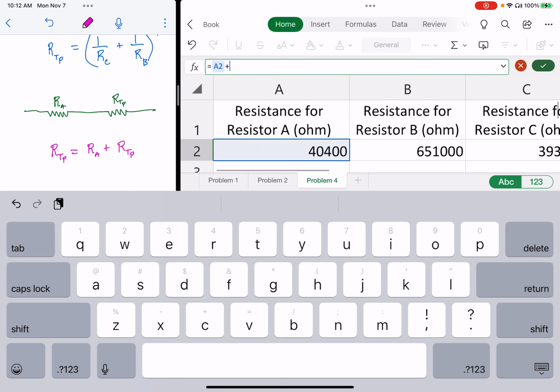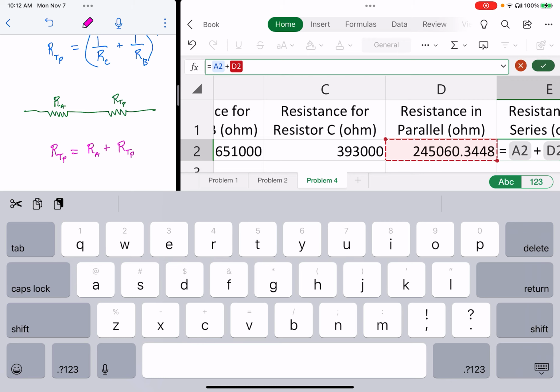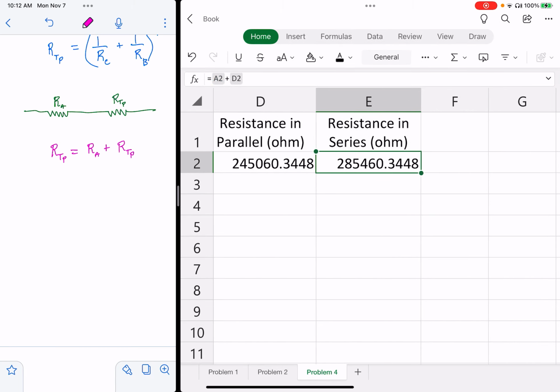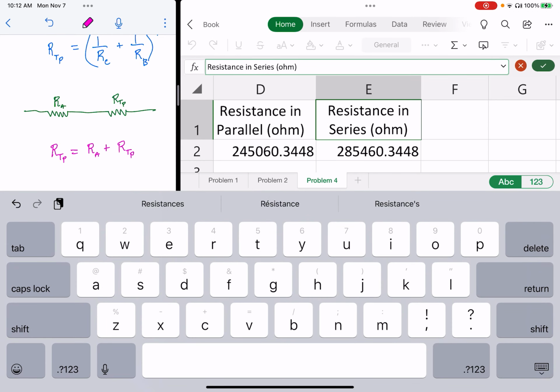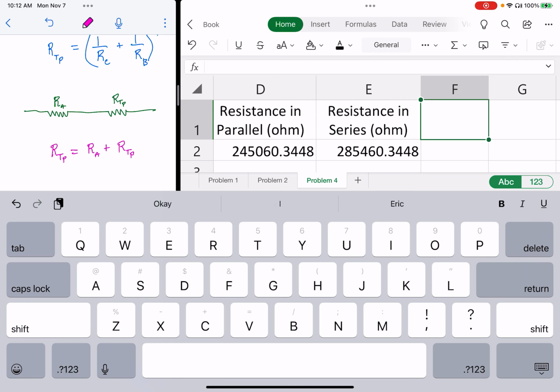This is just going to be equal to the resistance of resistor A plus the total resistance in parallel. So even though it's resistance in series, this is equal to the resistance of the entire circuit. This is what we should have here.